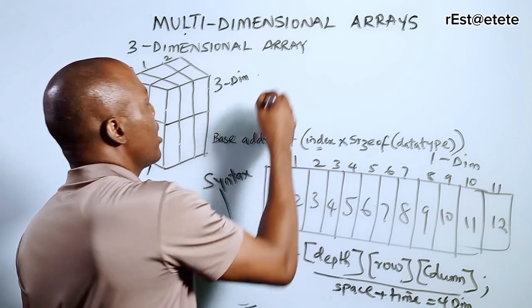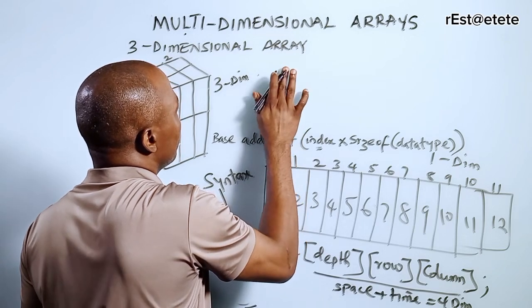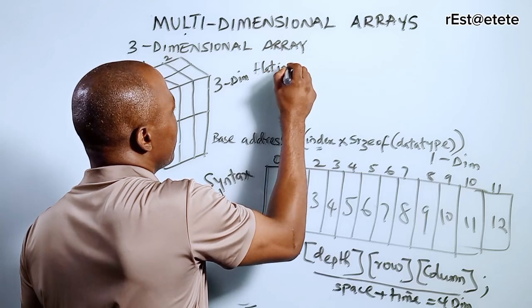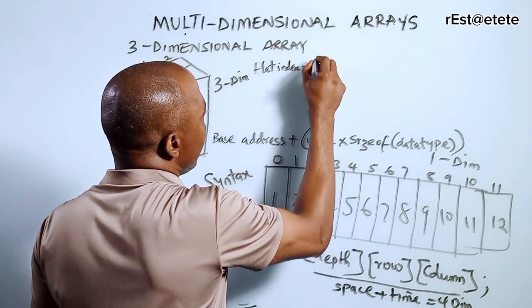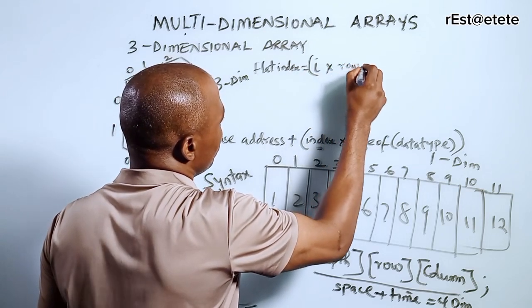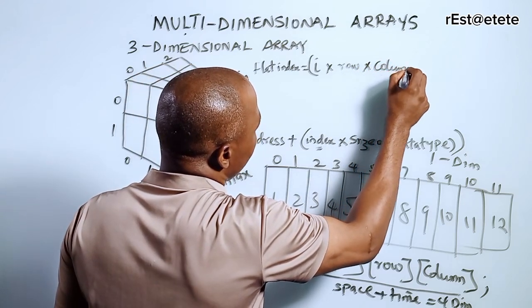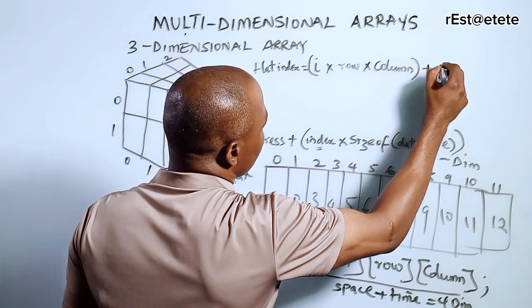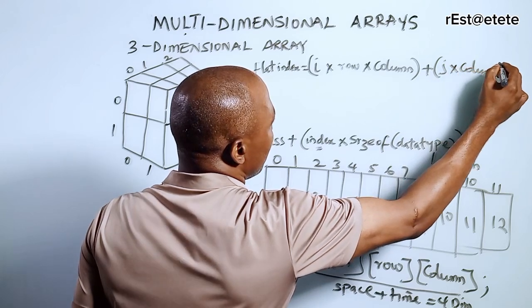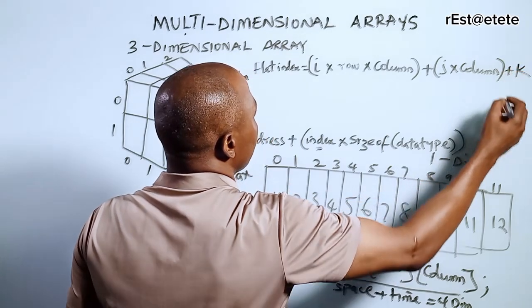So the flat index equals I times, put this in bracket, row multiplied by column, plus j times column, plus k.